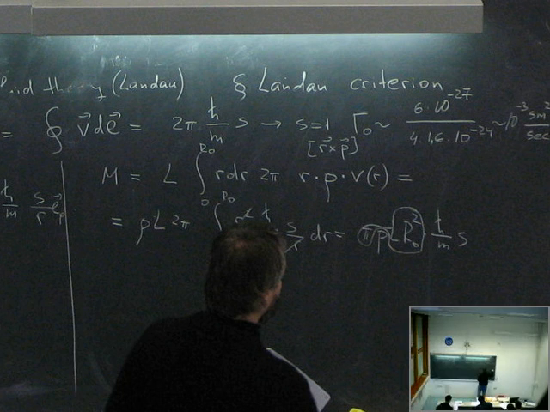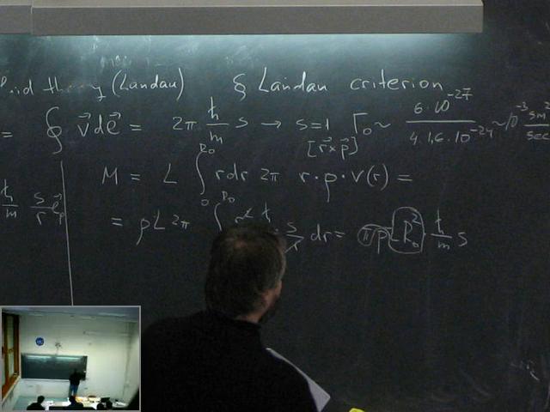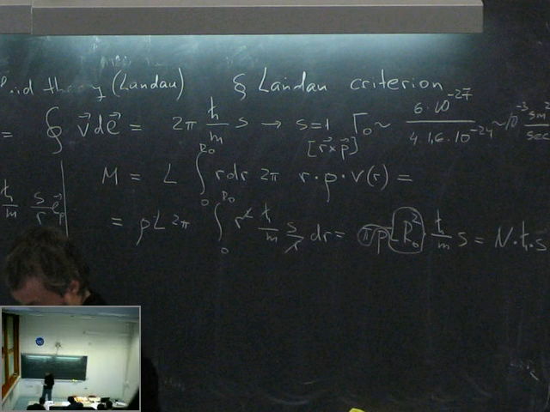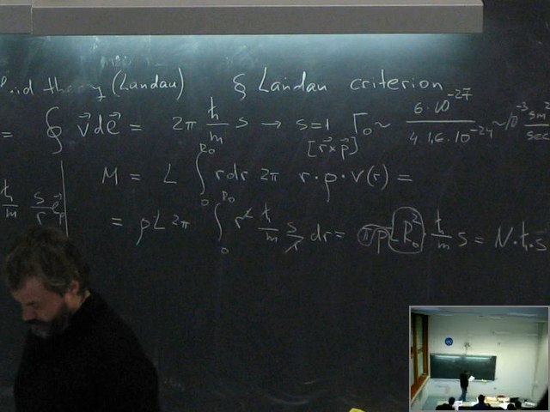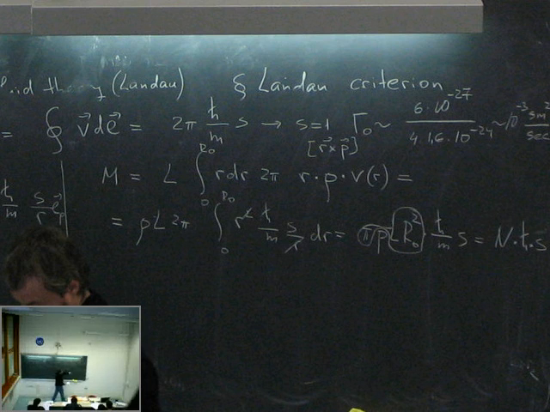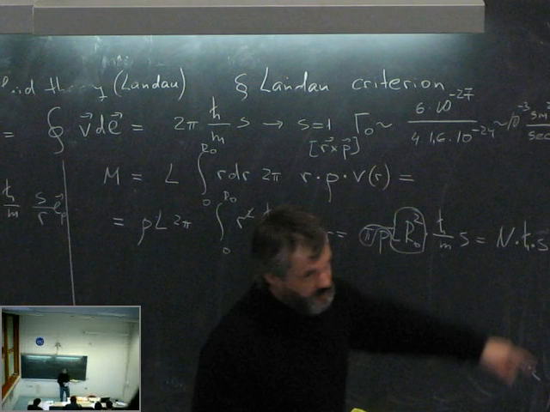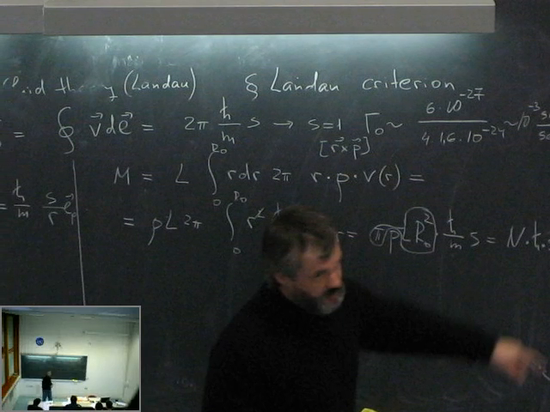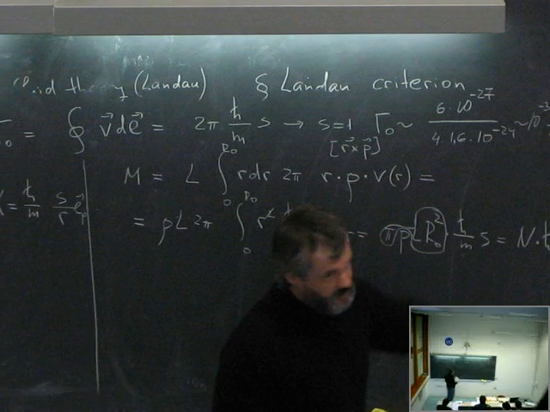So this is M times H times S. So you see that each vortex brings S to the total inertia moment.